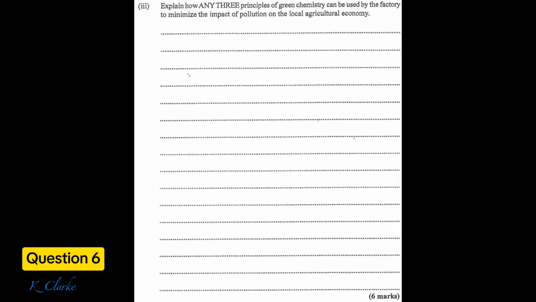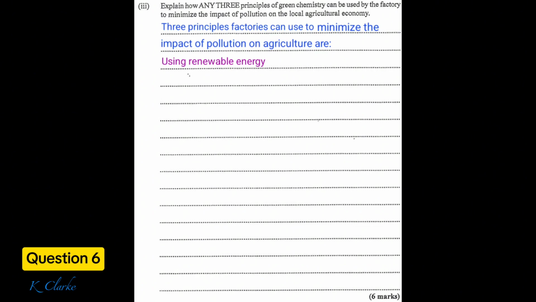Part 3. Explain how any 3 principles of green chemistry can be used by the factory to minimize the impact of pollution on the local agricultural economy. 3 principles factories can use to minimize the impact of pollution on agriculture are: using renewable energy.